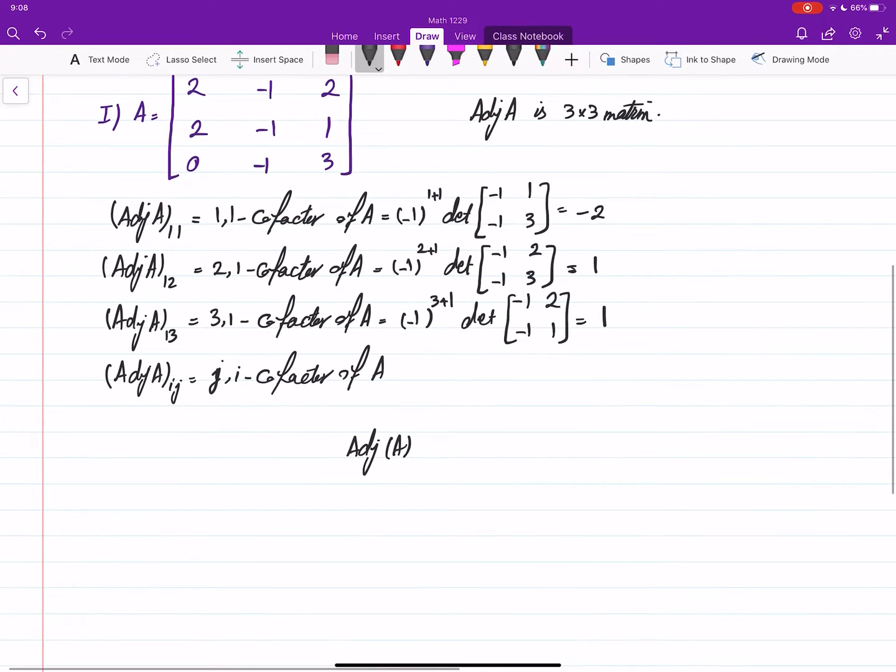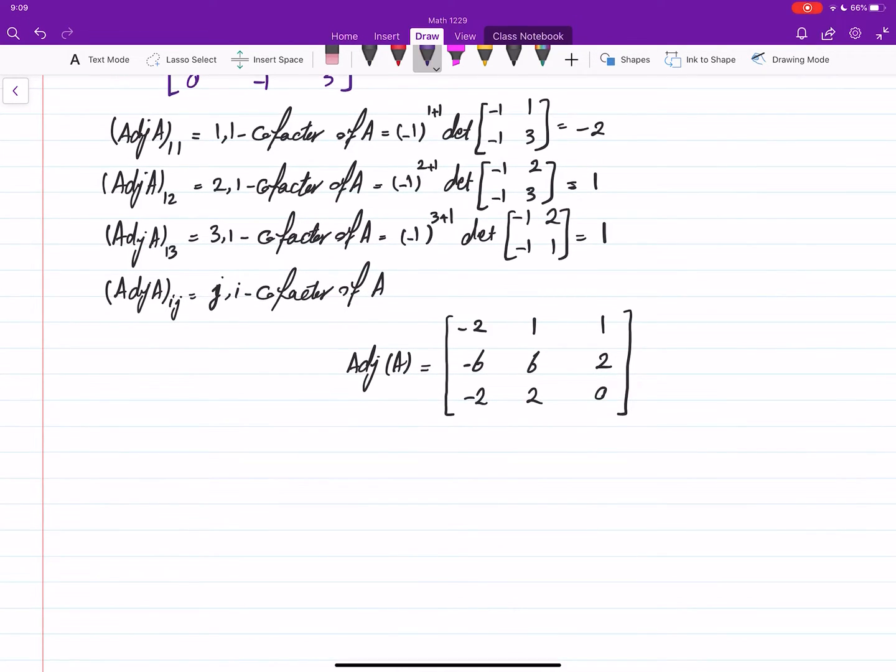You do find all the other entries. You see the 1, 1 entry was -2, I just found. The 1, 2 entry is 1, and the 1, 3 entry is 1. You can pause the video at this stage and try to make sure that you can compute the other cofactors and complete this adjoint, which is this one.